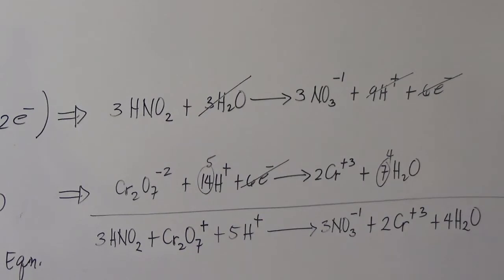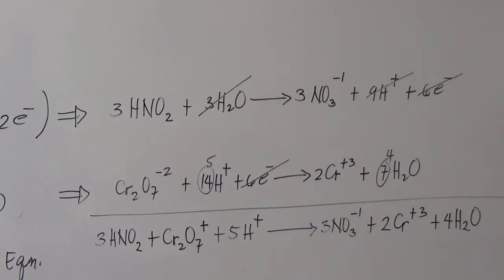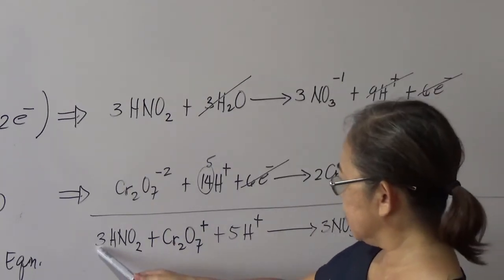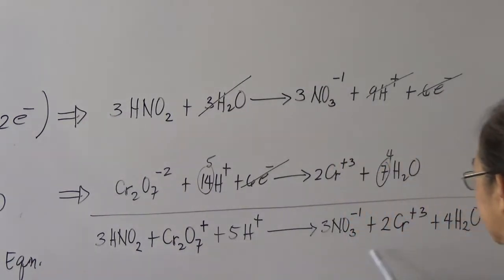So the equation now is balanced, but before you conclude that it's already balanced, you have to check it first in terms of the number of atoms of the elements and in terms of the charges. So if you're going to count here, for hydrogen you have 3 plus 5, 8. There must be also 8 on the other side. 4 times 2, 8, balance.